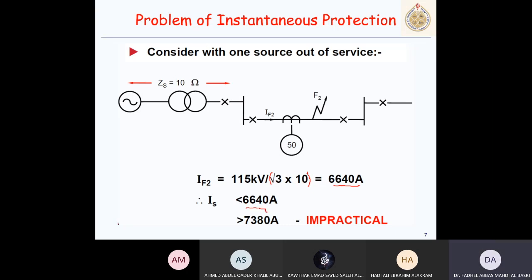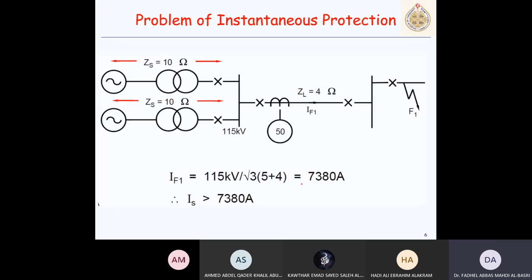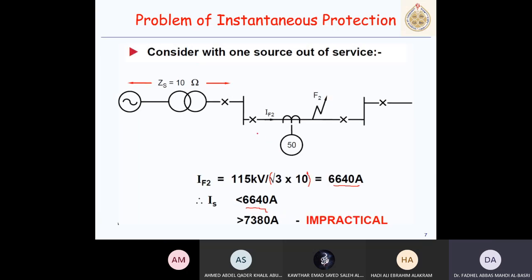So there is a contradiction now. I want it to be greater than this, so that a fault at the remote end will not be detected instantaneously. A fault in the line, I don't want this to trip. So I want a current setting higher than this, which corresponds to somewhere here. But at the same time, it has to be less than this. So I cannot.